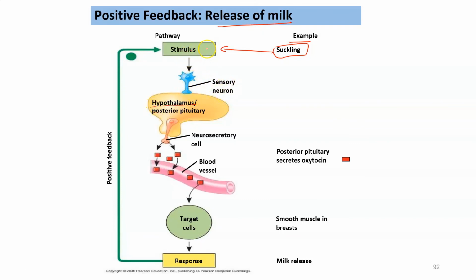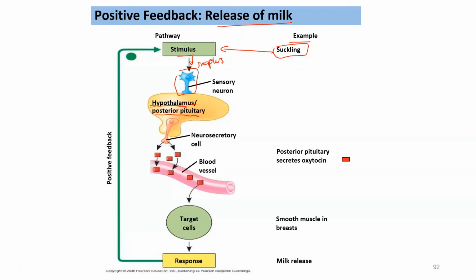Okay, so the suckling is the stimulus where the information is sent through impulse. Okay, is sent through impulse. Neurons send the impulse until it reaches the brain and causes the hypothalamus to send information to the posterior pituitary.